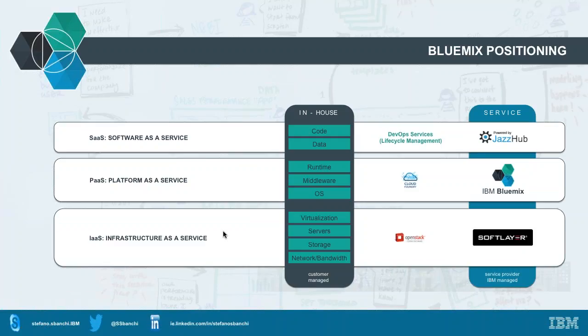As an IBM software as a service example, we can integrate Bluemix with the DevOps services for the lifecycle management of your project.